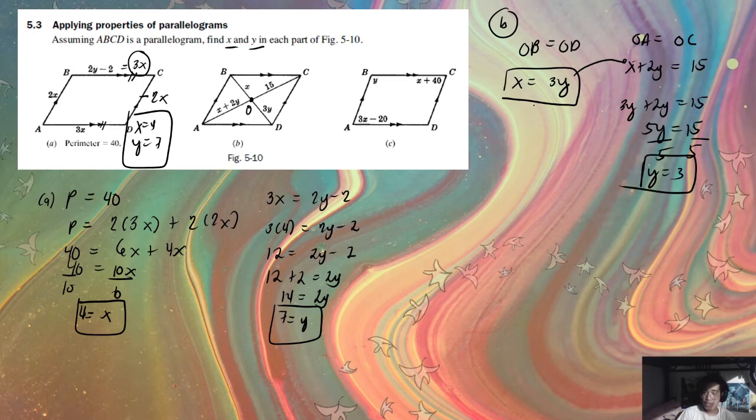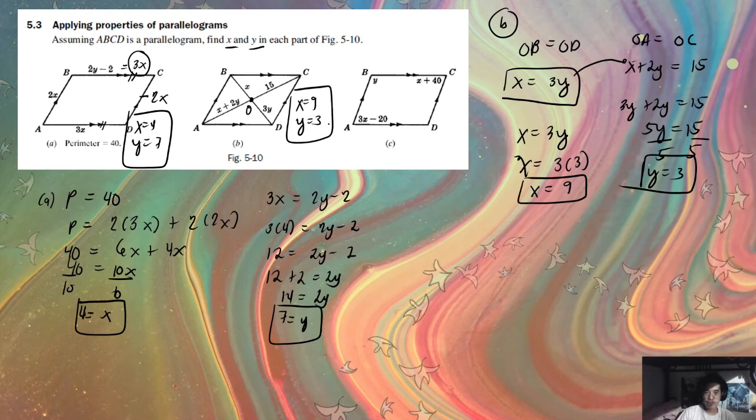Now, if y is 3, what's going to be the value of x? Since x is equal to 3y, we substitute the value of y, which is 3. So this is 3 times 3, which is 9. There you go. So for letter B, x is equal to 9, and y is equal to 3. Okay, so let's try letter C.